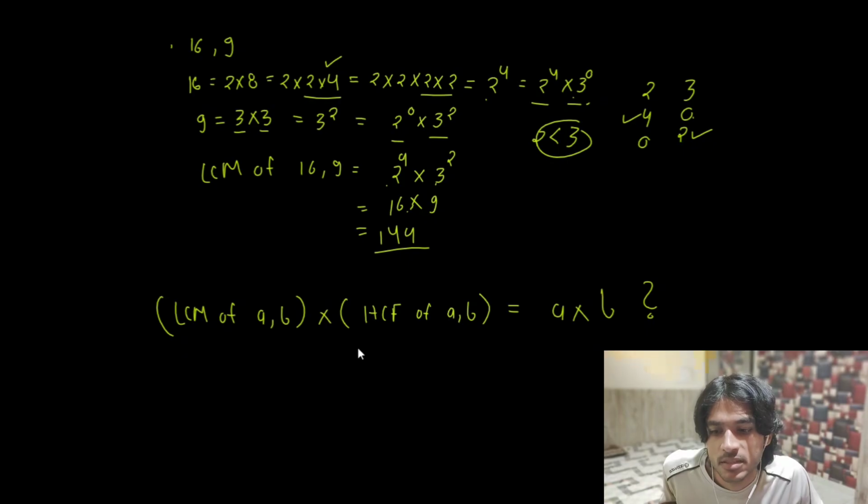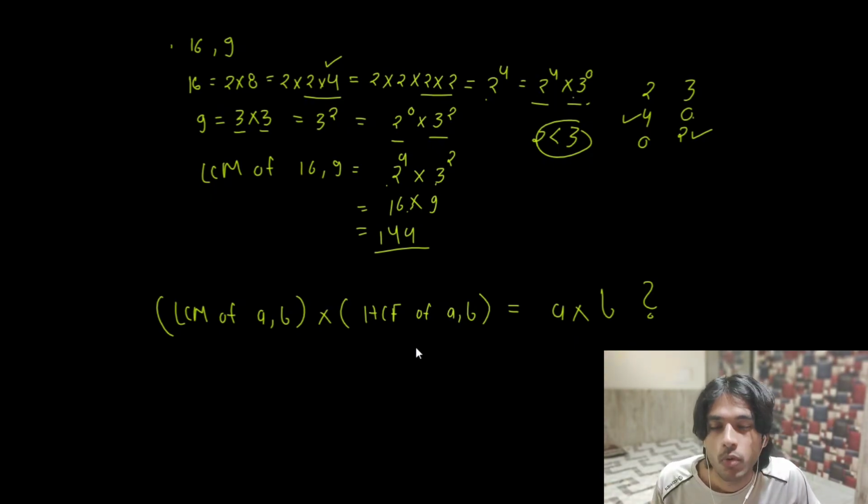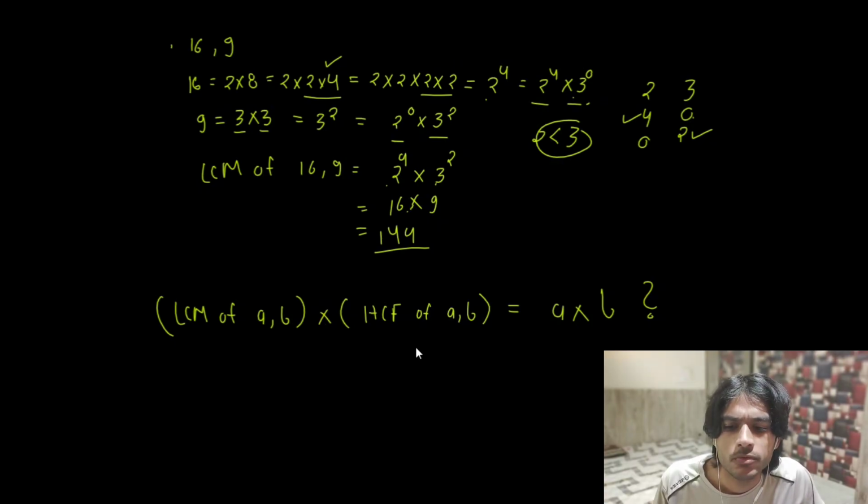Write down the LCM and HCF of 16 and 9, and then try to find out whether the product of both LCM and HCF is actually equal to the product of both of these numbers. Try to take 2 or 3 pairs of numbers, and try to verify whether this equation holds or not. And if it holds, then can you find out what exactly is the reason it is holding true?